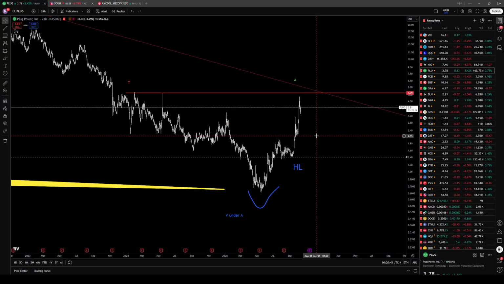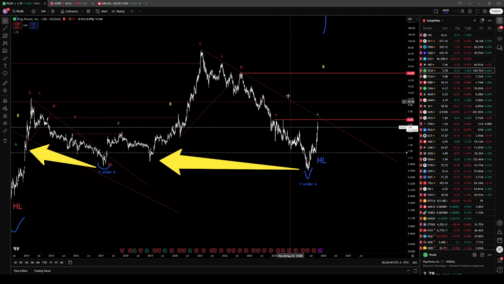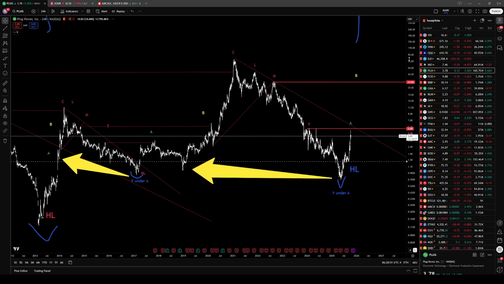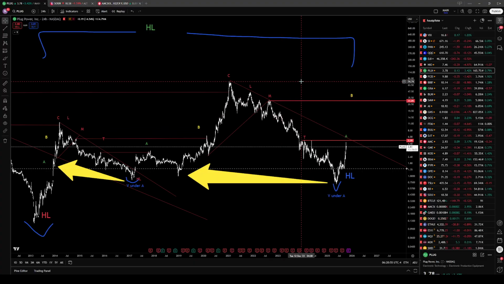If you drop under $2, in my opinion, that is the bearish tracking. Right now, Plug would be a waiting game for me.